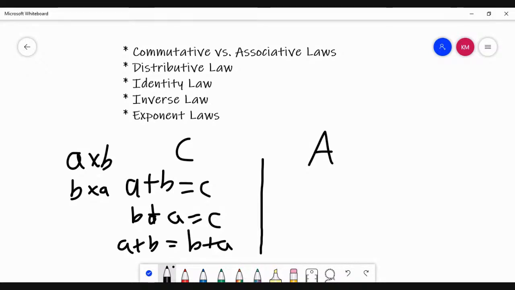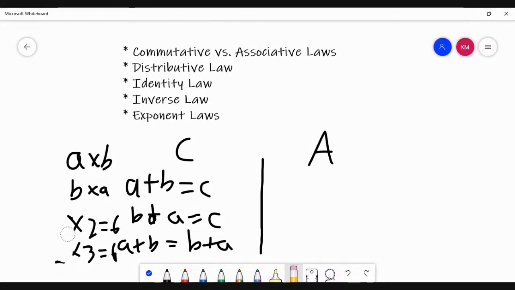So, best example that I can give you when it comes to commutative property. You have 3 times 2, that equals 6. You also have 2 times 3. That also equals 6. So whether you write 3 times 2 or 2 times 3, both of those give you 6.